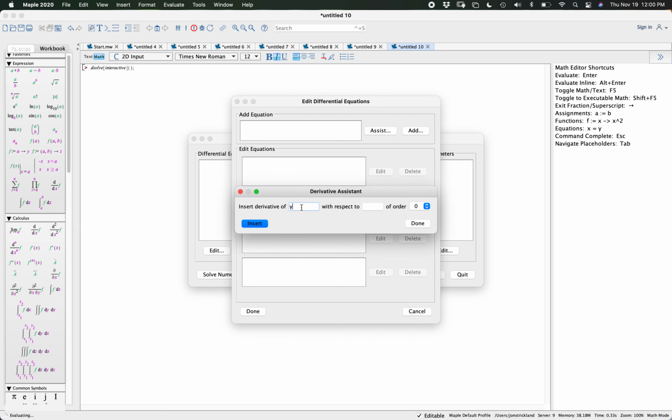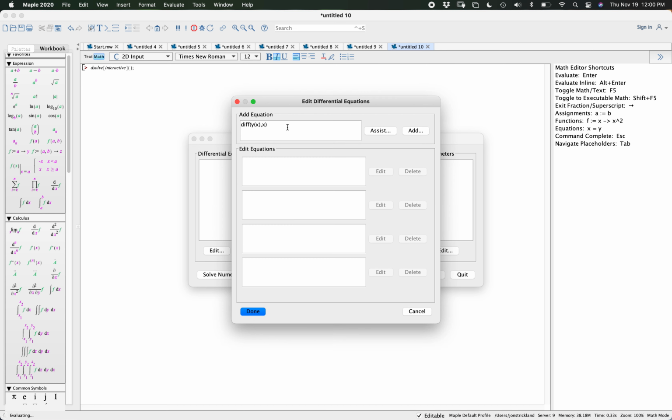So we have y with respect to x, and again this is a first order differential equation, or at least first order in the derivative. We're going to have equal to x to the second, plus not just y but y of x to the second.